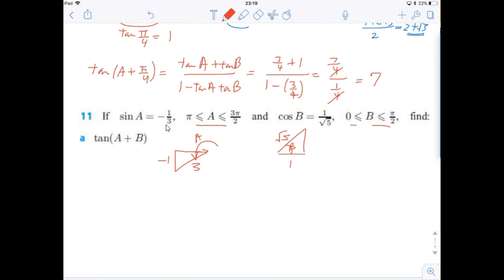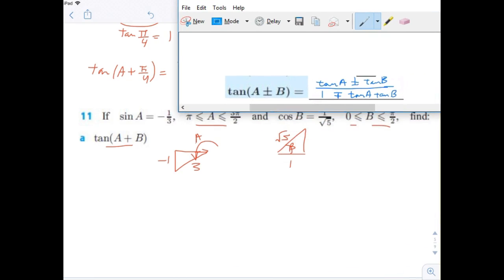So we are going to now find the tangent of A plus B. Remember that the formula we're going to use is this one. So the tangent of A, let's figure out what it is. Tangent of A is equal to, let's see, we need to figure out this side using Pythagorean Theorem. So we're going to have 1 squared plus x squared equals 3 squared.